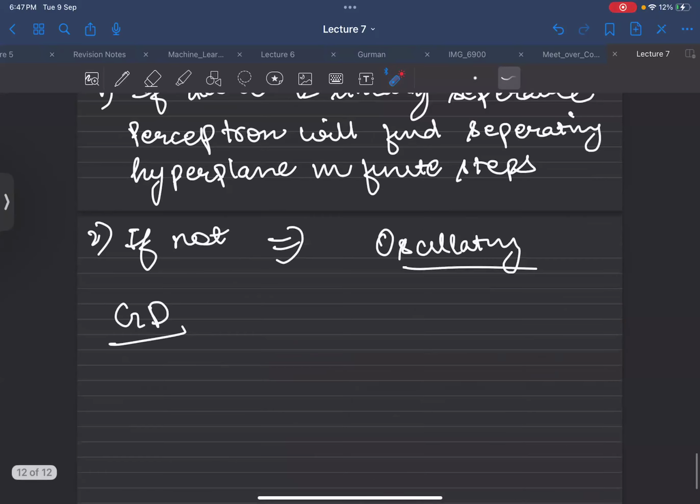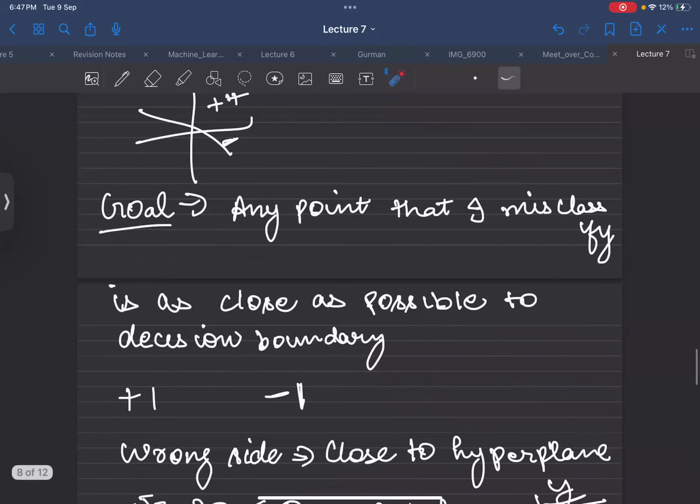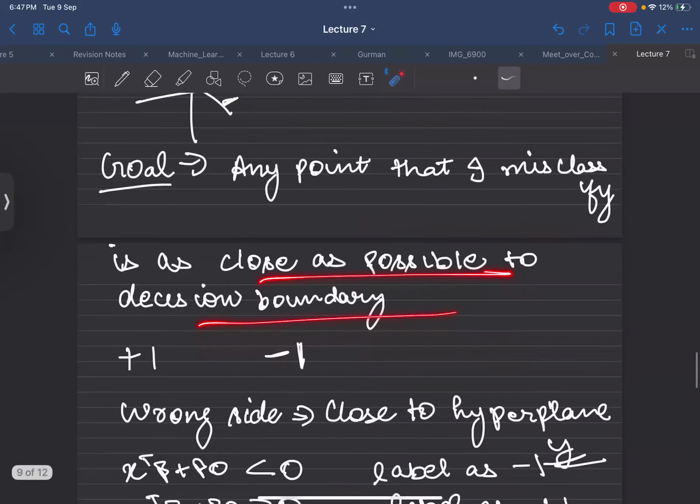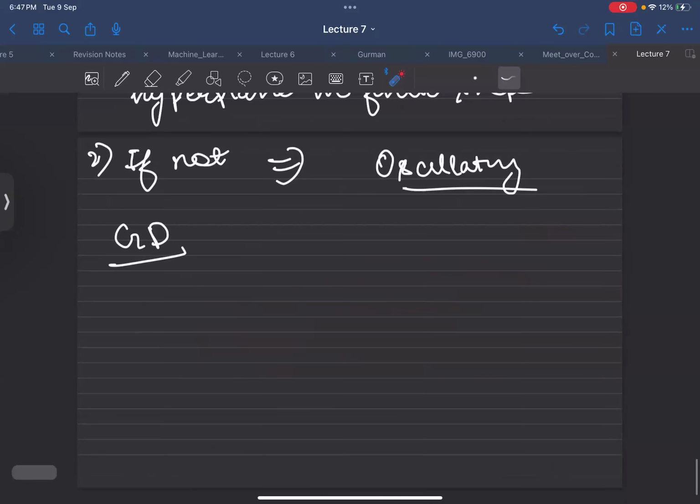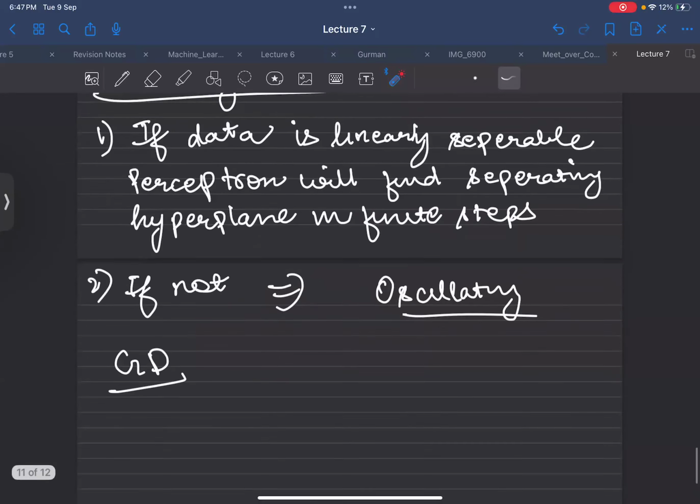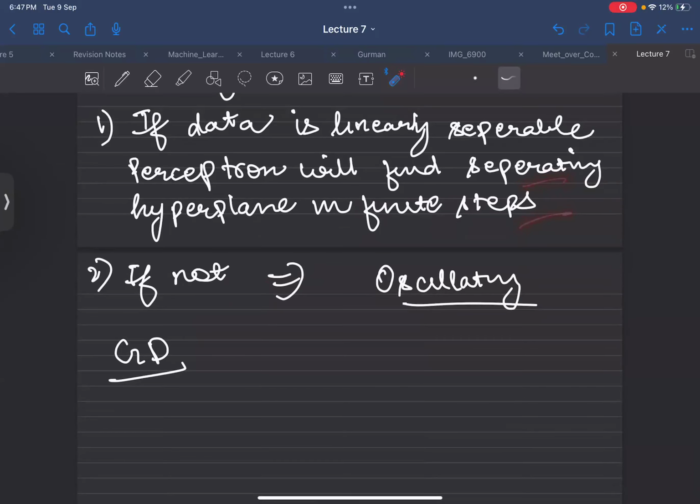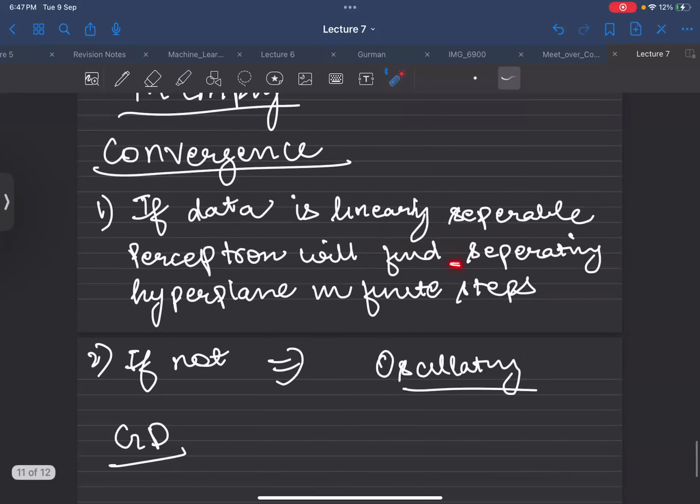I'll come to that point also. And I'm also saying that if it's linearly separable, it should be empty only. It should actually converge. We should find a separating hyperplane. I'll come to this.